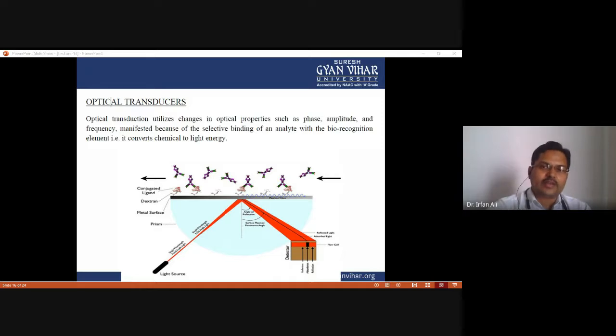The principle of the optical transducer is that photometric or photon output for a luminescent or fluorescent process can be detected with a photomultiplier tube or photodiode system. The governing thing is that an enzymatic reaction alters the optical property of some substance which allows them to emit light upon illumination in the form of fluorescence, photofluorescence, and chemiluminescence. That's why this property can be exploited for the development of biosensors. And you know that surface plasmon resonance is an optical phenomenon.